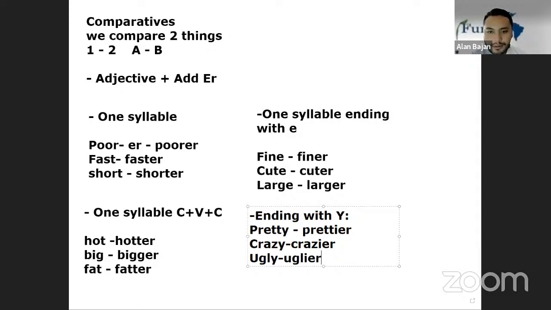Uglier. Okay. We take out the letter Y to add I-E-R. That's for comparatives. Questions so far?